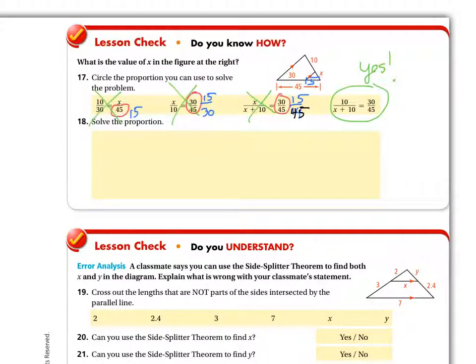And then finally, the fourth one actually works because they've got 10, which is this piece, is to the whole side. Oh, you can't use that. Is to the whole side. Interesting. Well, it's still not the second. 30 is to 45. X is to 10.